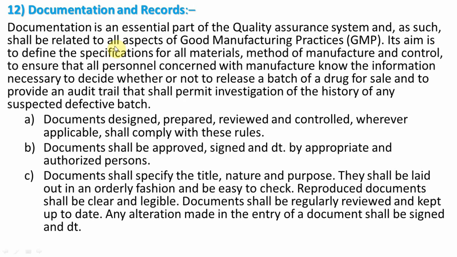The main aim is to define the specifications for all materials, methods, and manufacturing methods and control, to ensure that all personnel concerned with the manufacture know the information necessary to decide whether to release a batch of drug for sale, and to provide an audit trail that shall permit investigation of the history of any suspected defective batch.